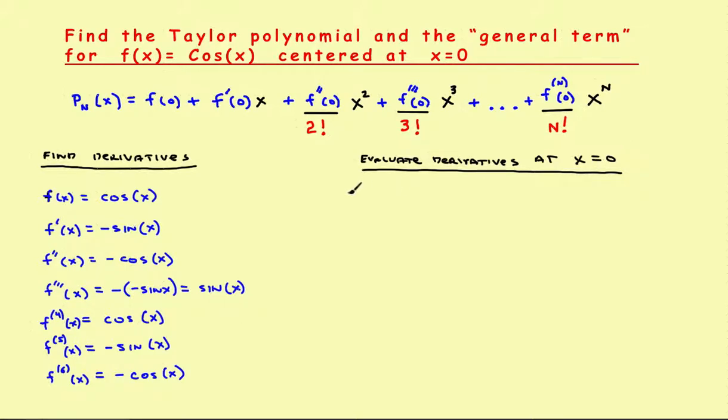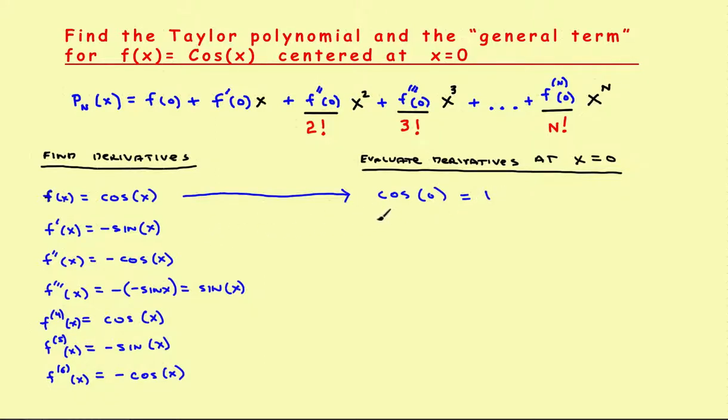Now, I would suggest you always go straight across here, and I like to put them horizontally just to make sure I don't skip anything. So basically, I'm going to take this and move it straight across to here. And now I want to take these derivatives and evaluate them at x equals 0. So first of all, I've got the cosine. The original function would be the cosine of 0, and the cosine of 0 is 1.